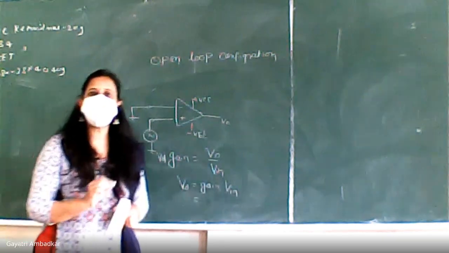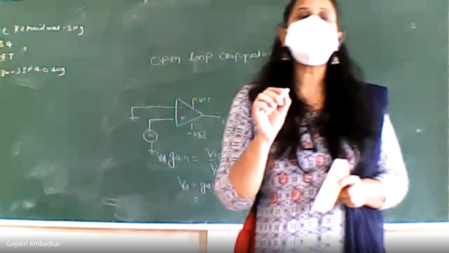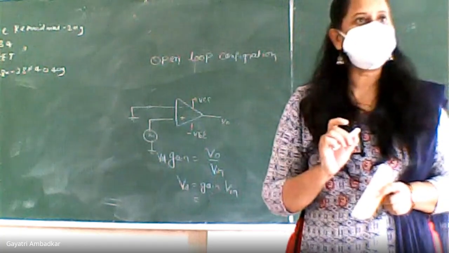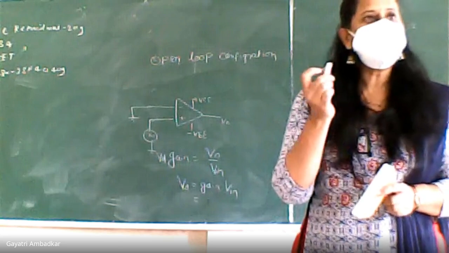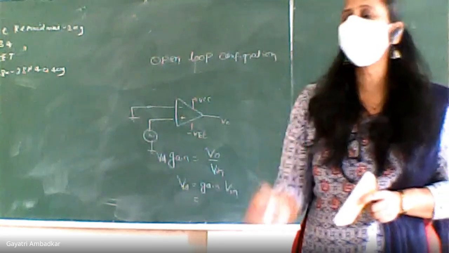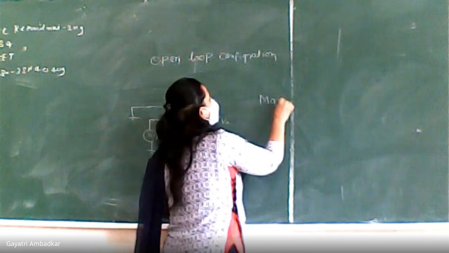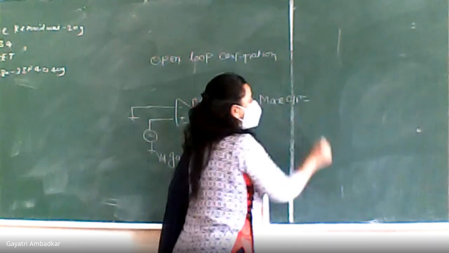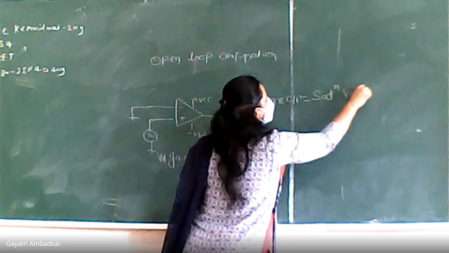Always remember that op-amp can provide you maximum output voltage that is equal to the supply voltage provided to this op-amp. Okay. In fact, it provides you a little less. That is, it provides you saturation voltage. Maximum output equal to saturation voltage.